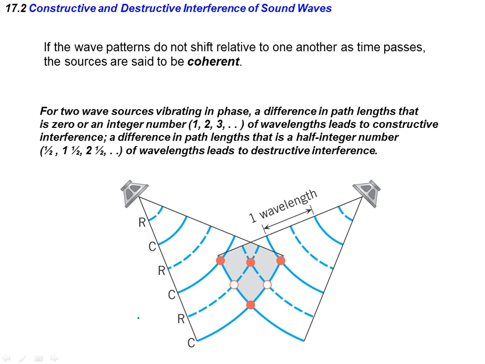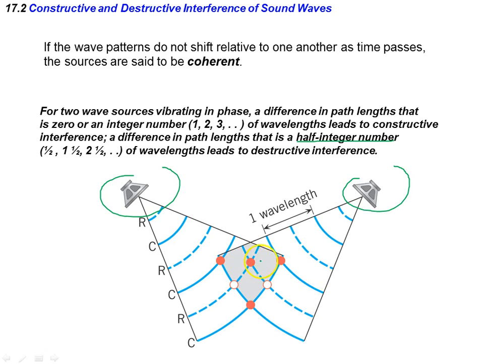However, if you have a path length difference of a half integer number, such as 1/2, 1.5, 2.5, and so forth, of the wavelengths, this leads to destructive interference. So if we have two speakers, one speaker here, one speaker here, and we look at the interference with these, there are certain points in the room called dead spots that will have destructive interference, whereas there are some points in the room that will have constructive interference.